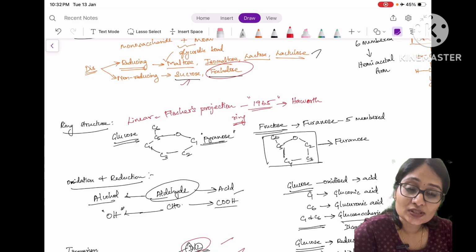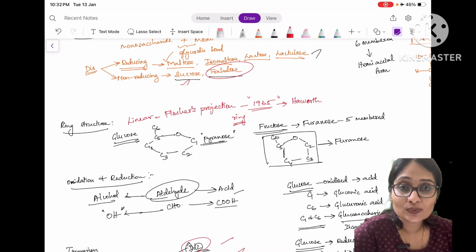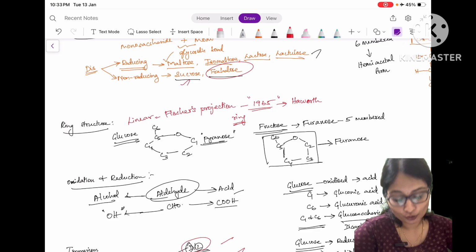If C6 gets oxidized, we get glucuronic acid. If both C1 and C6 get oxidized, we get glucosaccharic acid. On reduction, if glucose gets reduced, we get sorbitol. If galactose gets reduced, we get dulcitol or galactitol. If mannose gets reduced, we get mannitol. If fructose gets reduced, we get sorbitol plus mannitol.